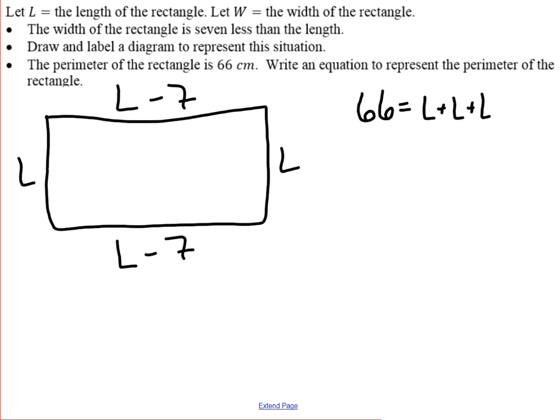Combining like terms, I can say that 66 equals, I have 1, 2, 3, 4 L's, and then I have minus 7 and minus 7. Minus 7 and minus 7 is going to be minus 14. So that would be my equation to represent the perimeter of this rectangle.